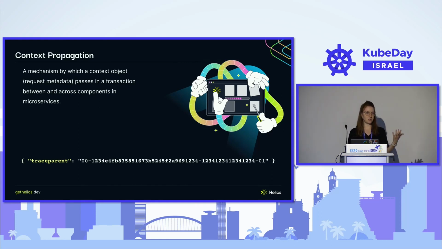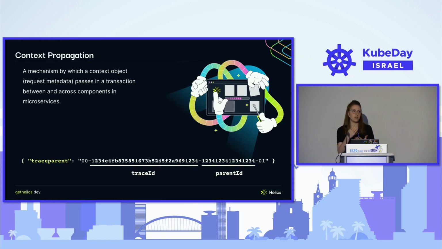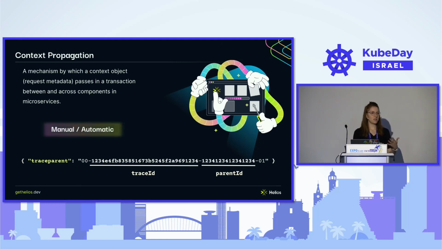And it contains, among other things, the trace ID, which is the identifier for this trace, for this flow. And the act of transferring it between actions in the same flow is called propagation. And again, here, OpenTelemetry allows us to implement context propagation in two ways, manual and automatic. And again, here, automatic means that OpenTelemetry does this for us, and we as developers don't need to take any action to make it happen.